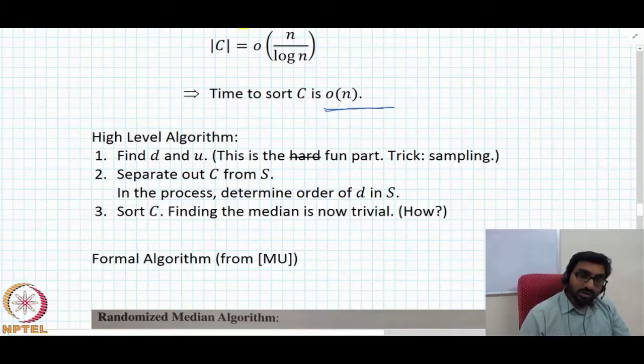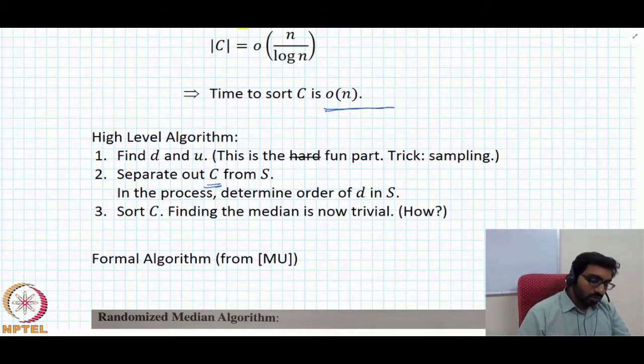Then it's easy for us to compute C. You just have to scan the entire array S and find all the elements that have values between D and U. And so that will provide us with the set C. In that process, you can also find the order of D, the position of D in the sorted view of S. That's fairly easy to find.